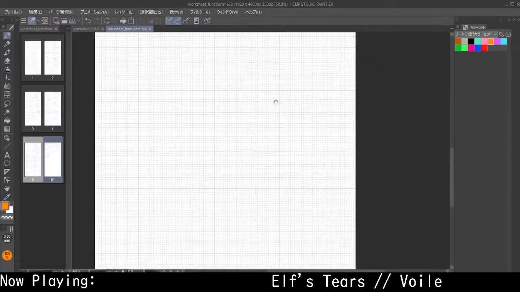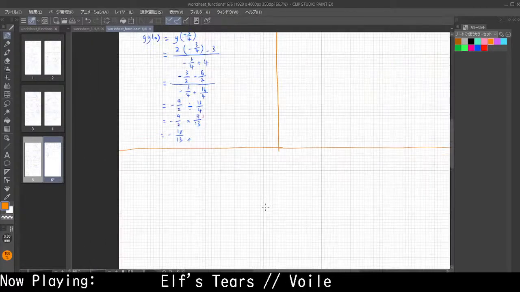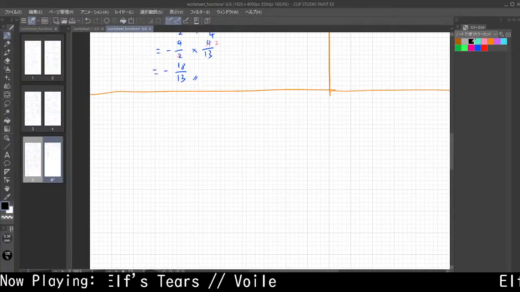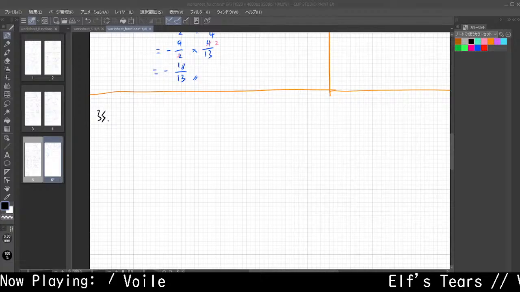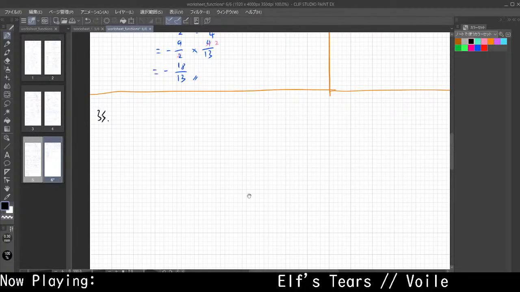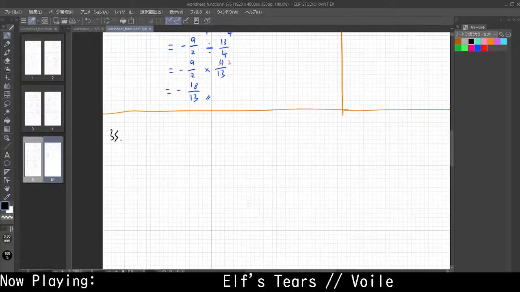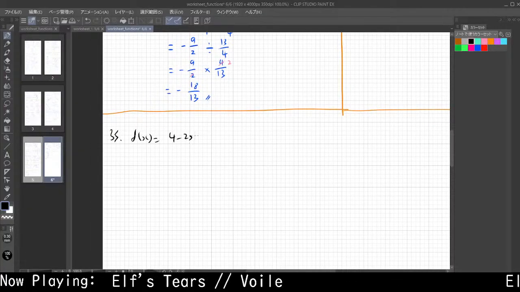Now we use the last of our energy. It's the last question anyway. Okay, same thing, we are sketching. So fx is given as 4 minus 2x.